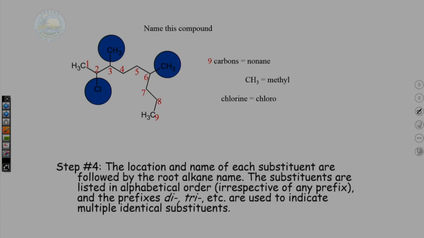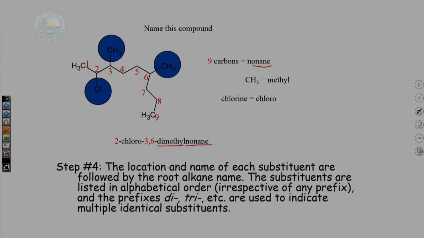Following from there, we can construct the name. Because we have two substituents of methyl, we refer to them as dimethyl. The compound's name is going to end with nonane, which is the last portion of the name. We have chloro and methyl, and C is before M, so chloro is the first one in alphabetical order. But we have two methyl groups, so we call it dimethyl.